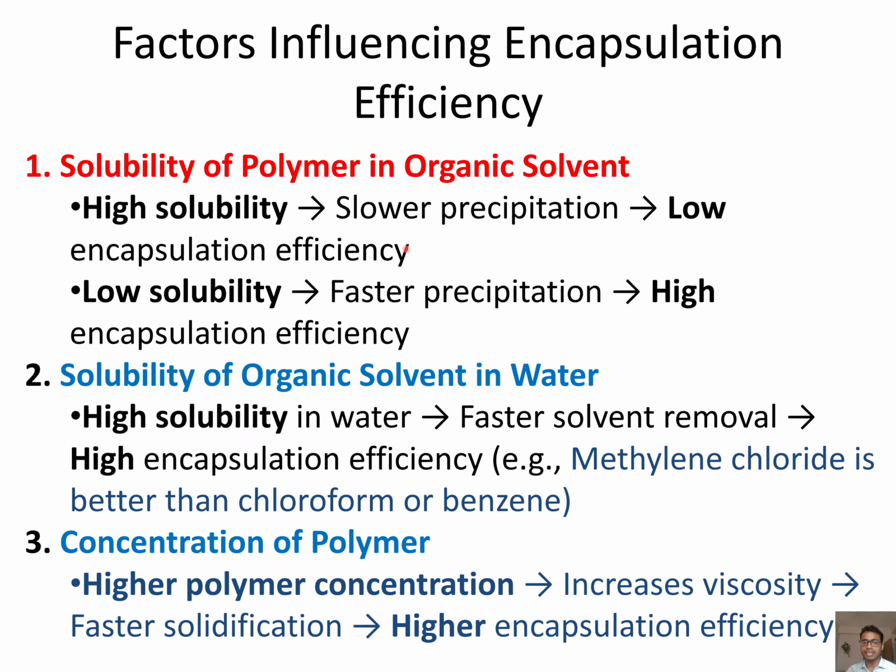Then solubility of organic solvent with water. Obviously, water and organic solvent are the vehicles, and they should be soluble with one another. Otherwise, evaporation will not take place, because high solubility in water means faster solvent removal, faster evaporation and high encapsulation efficiency.